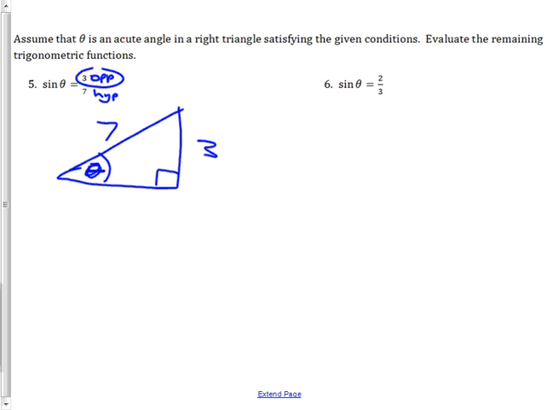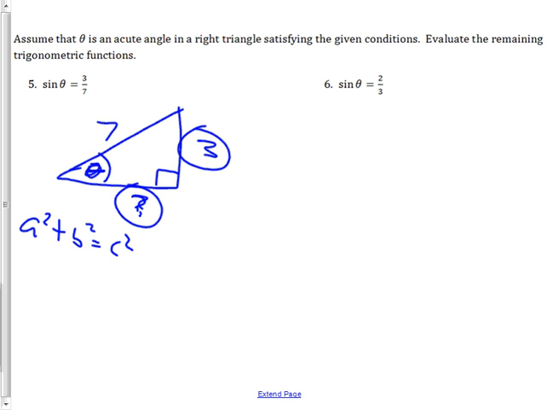So if you think about it, I'm going to need to figure out this side to be able to get other functions like cosine and tangent and stuff. So I'm going to use the 3 and the 7 to figure out what this side is. All right, so setting up a squared plus b squared is equal to c squared. I don't know a, b is 3, and c is 7.